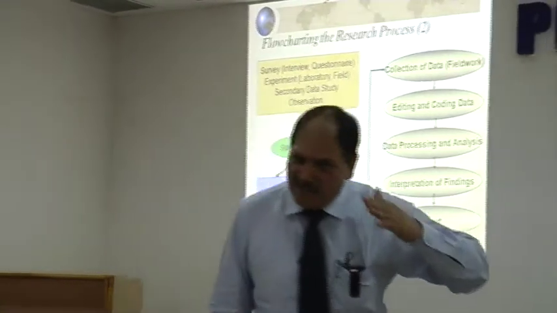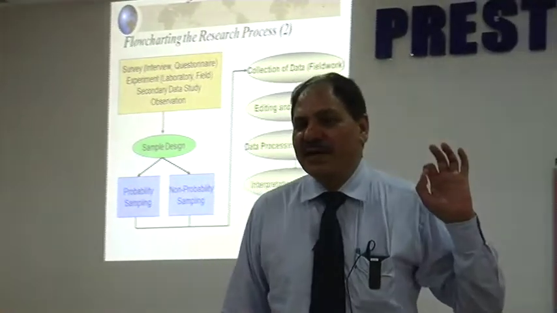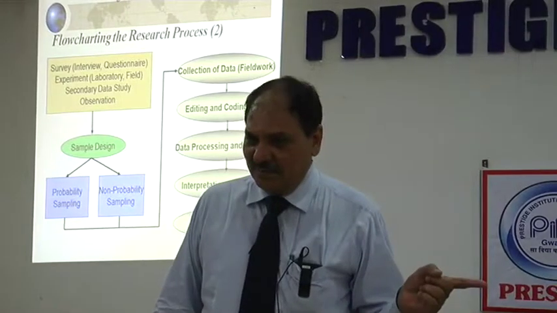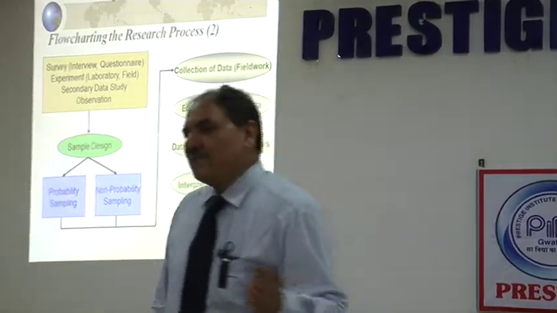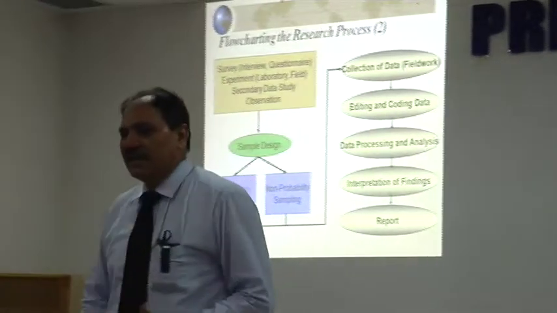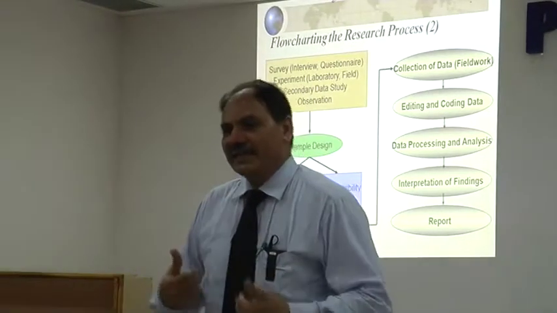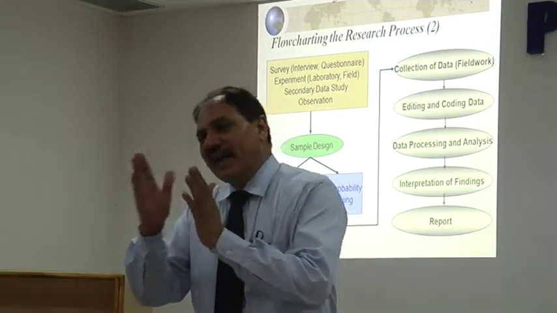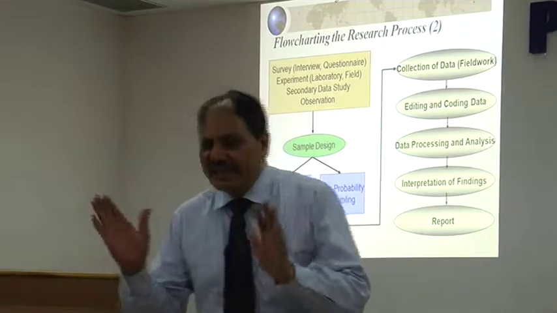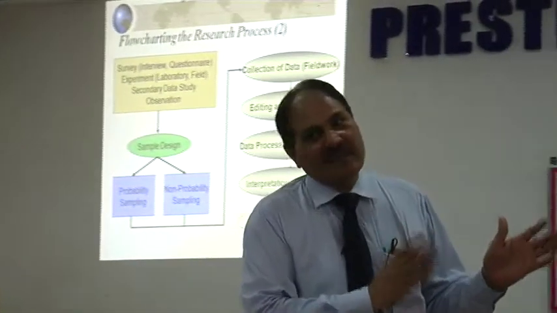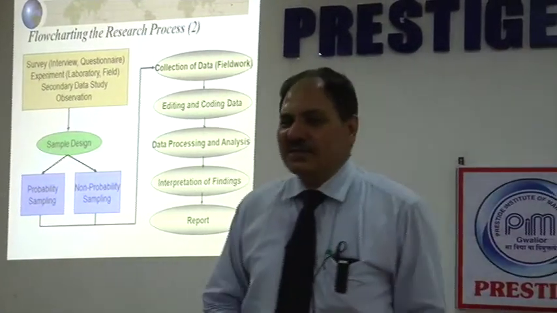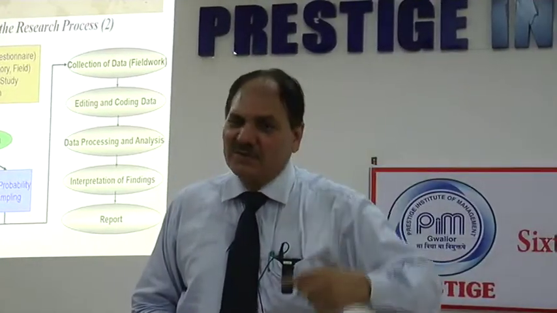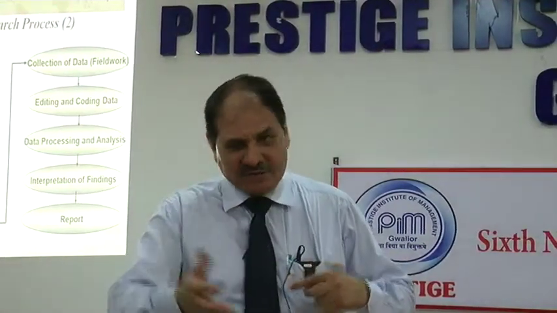That means whatever number of dimensions you are evaluating, 10 times of that. If you are using observation as a method, whatever dimensions you are observing, 10 times of that should be the sample size. If you are using a questionnaire, whatever the number of statements in the questionnaire, 10 times of that.